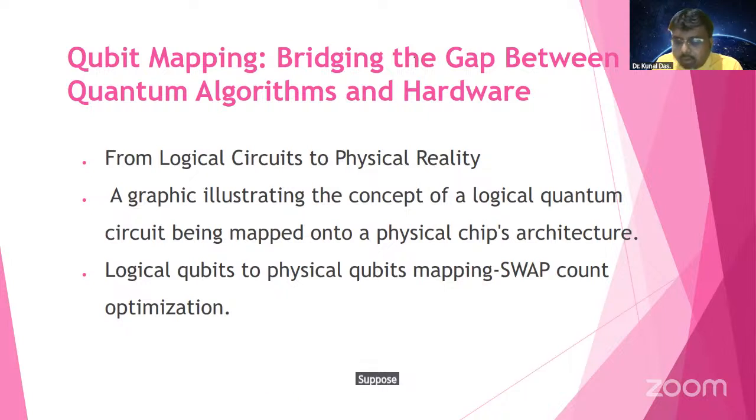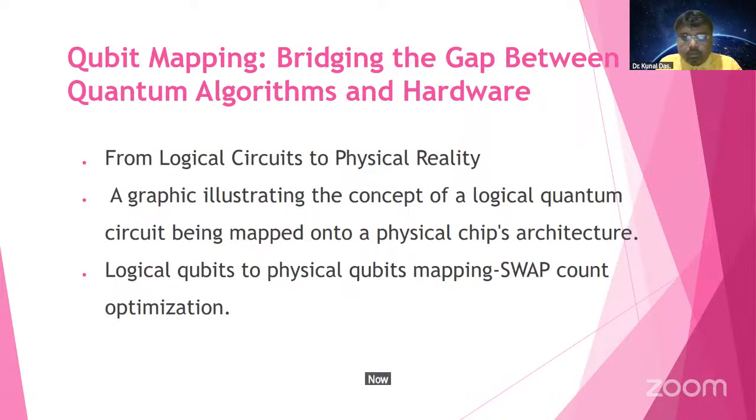Suppose you want to map one logical qubit to some physical qubit, and this physical qubit may not be directly connected, but it has closer connectivity to all others. Then that closer connectivity requires a number of swap counts to select appropriate logical qubits.